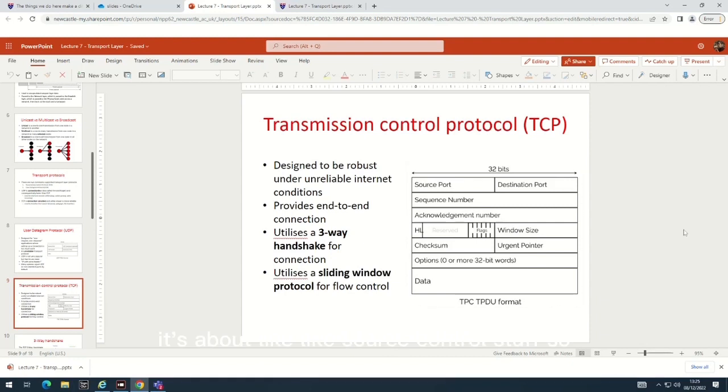Also, it's about source control stuff. One of the issues with UDP is you can sit on a network, and because you don't need to establish a connection, you can spam everything. Have you guys talked about DDoS or denial of service? When you overload the server by just spamming it with stuff.